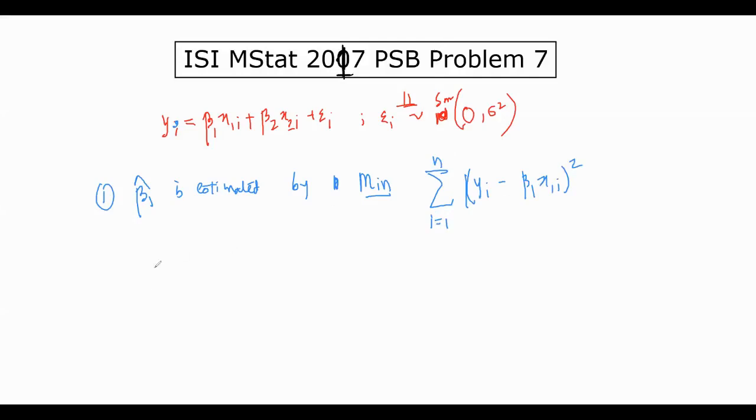So let's minimize this first. Let's call it L of beta 1.